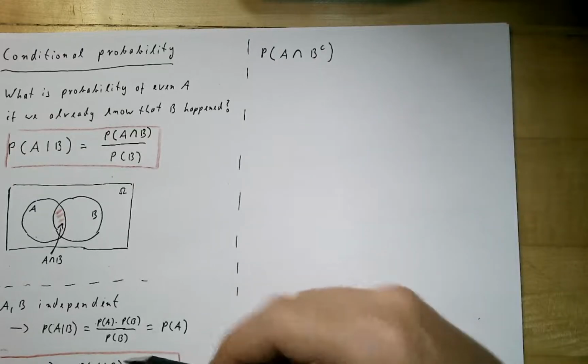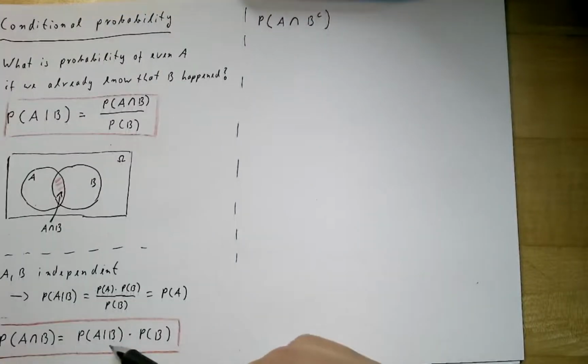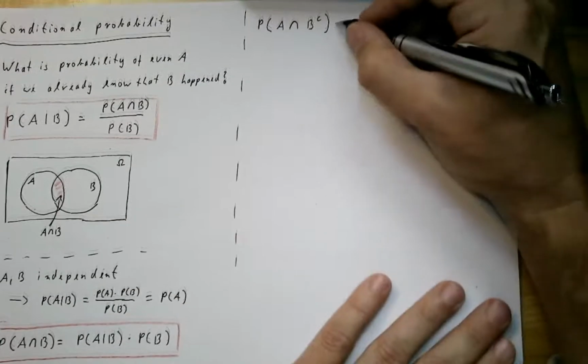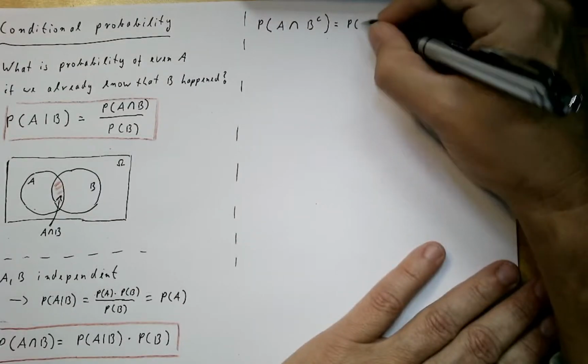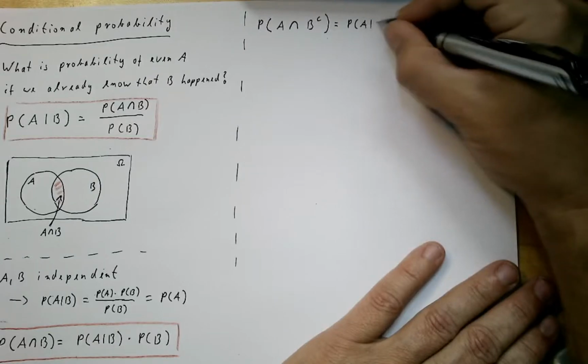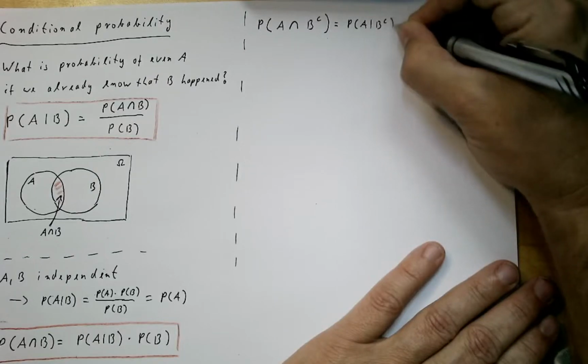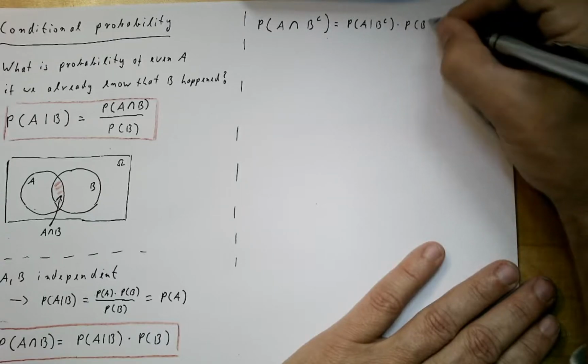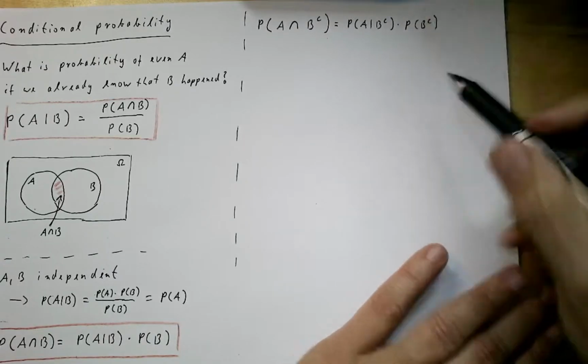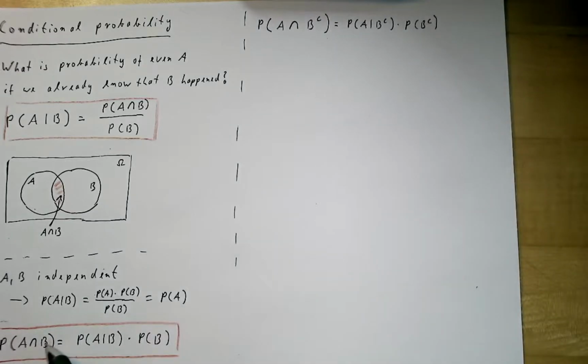By this rule, you can just write this as P of A conditioned on the complement of B times the probability of B complement. At the moment we just replaced B by the complementary event.